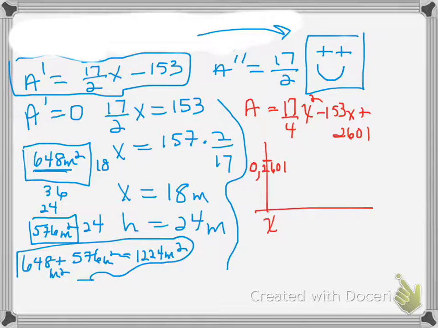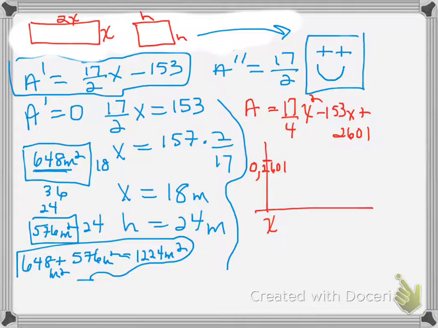That means that if I set x to 0, and x is in my rectangle, because remember the rectangle was 2x by x, then I wouldn't have a rectangle, I would use all my fencing to build my square and not my rectangle. That would give me an area of 2601 if I used all my fencing in that way.